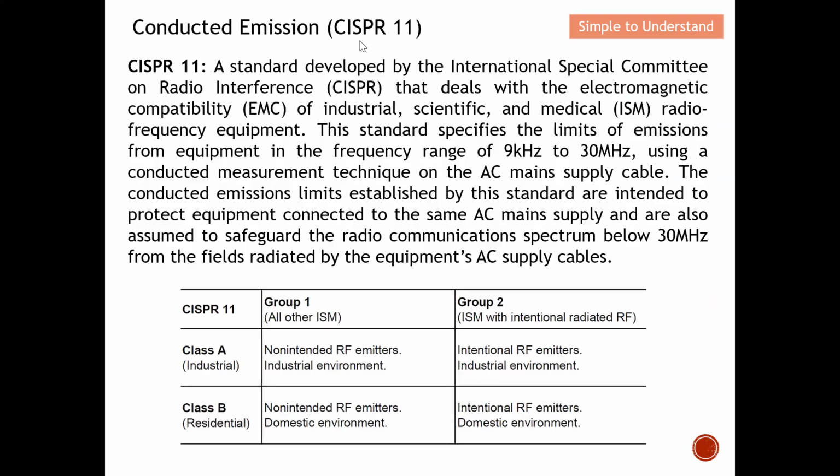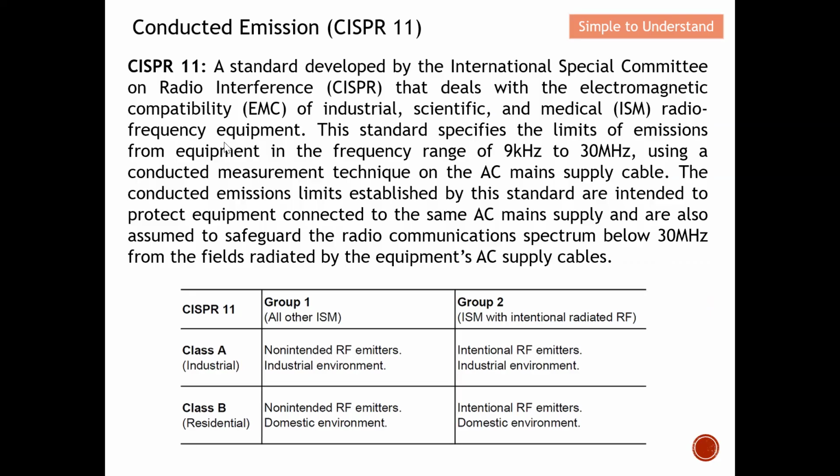For this page, we'll be going through CISPR 11. CISPR 11 is a standard developed by CISPR. It mainly deals with the electromagnetic compatibility of industrial, scientific, and medical (ISM) radio frequency equipment.